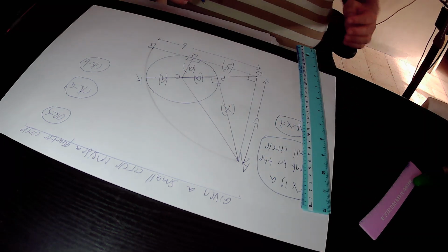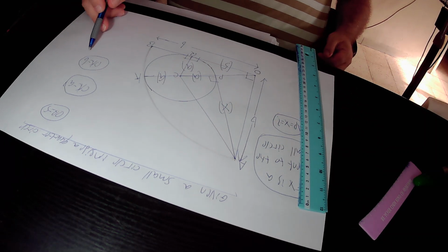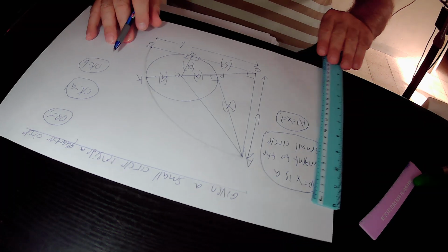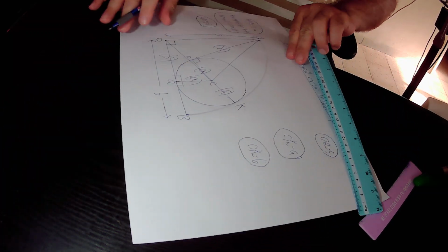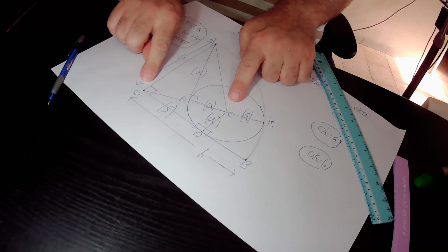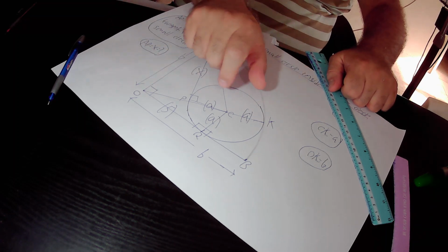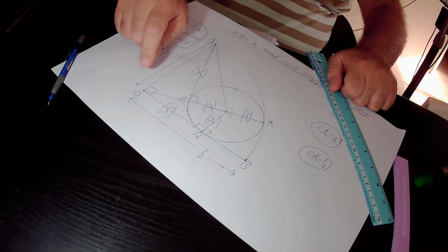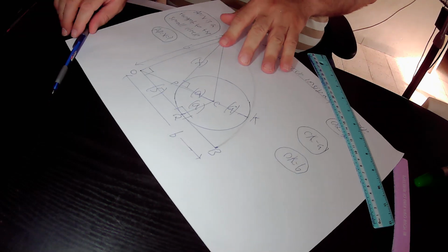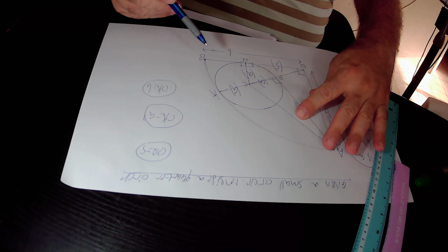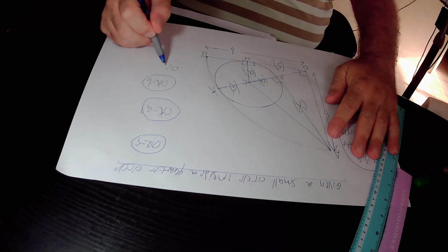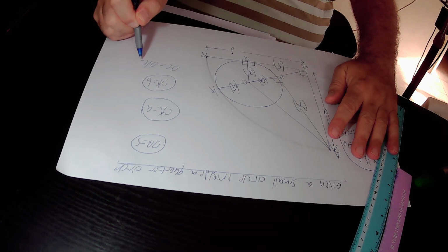So if I know that CK equals A and OK equals B, what is the length of this line segment OC? From the drawing it is very easy to see that OC in total equals OK minus CK. Again, OK minus CK equals OC. So I write it down. OC equals OK minus CK.